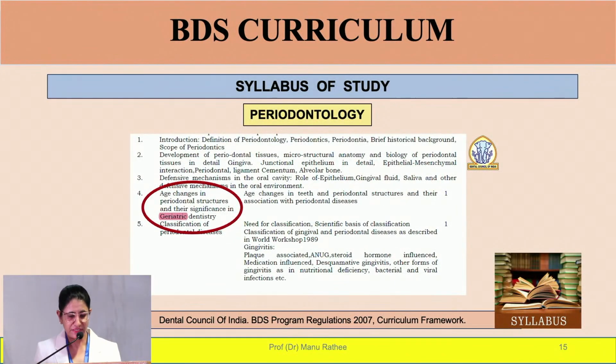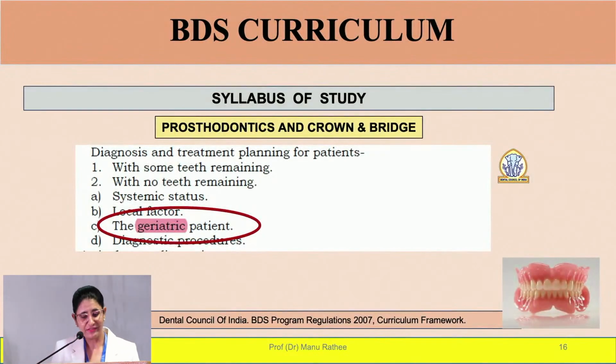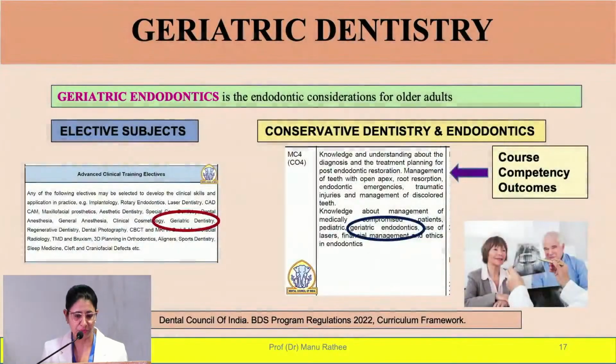Because as far as the BDS curriculum is concerned, in the 2000 regulation, geriatrics is definitely a part of the curriculum. It gets a mention as a general skill to be acquired by the undergraduate student. It has been mentioned in the BDS curriculum in various specialities, including periodontology.